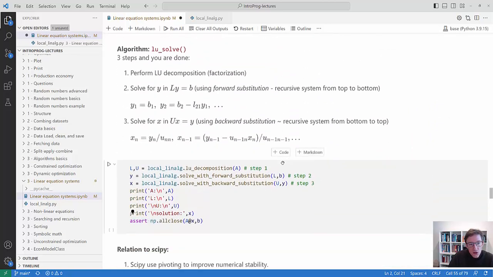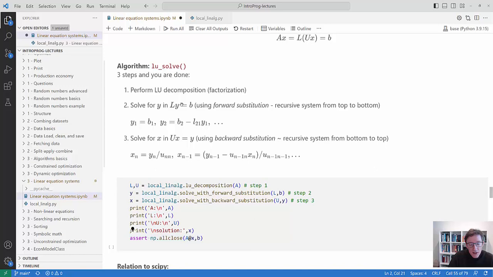When we have performed the LU decomposition, it's much easier to solve the equation system, because you can solve it in steps, where you first think about an equation system where it's L times a vector y equal to b, and then you can solve by using forward substitution.